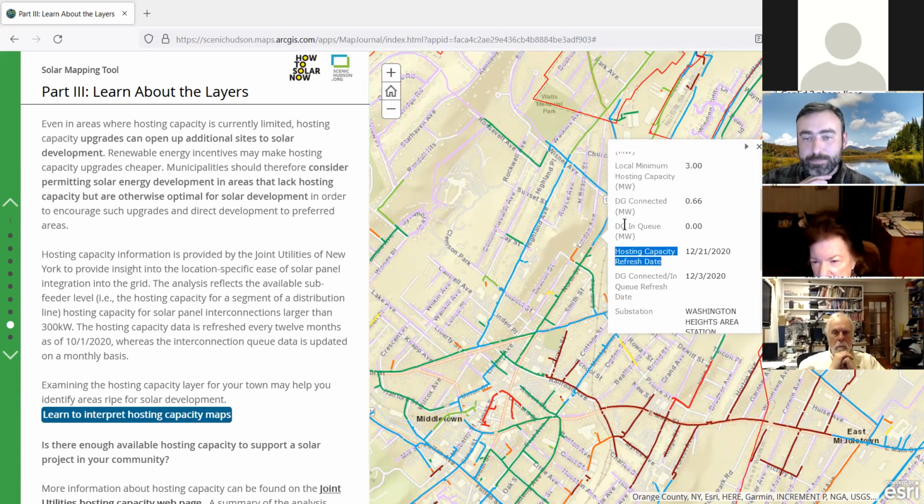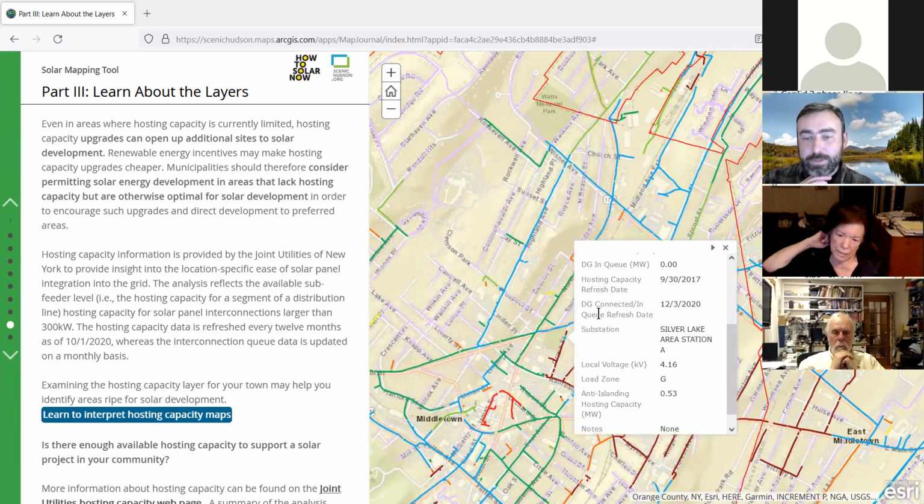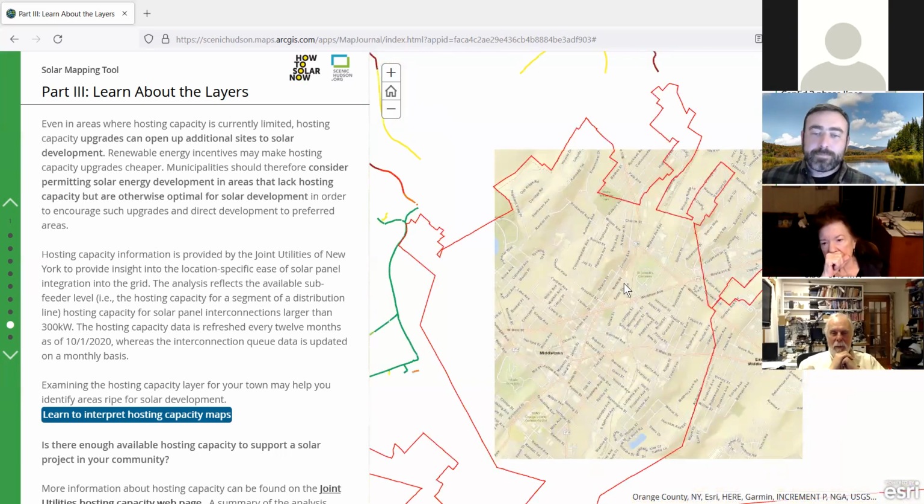So, right, these numbers here were updated actually even longer ago. So you can scroll down and see different dates, and this seems like a really long time ago. I don't know if that data is actually accurate, but generally speaking, the refresh dates should be in these pop-ups and hopefully are accurate.